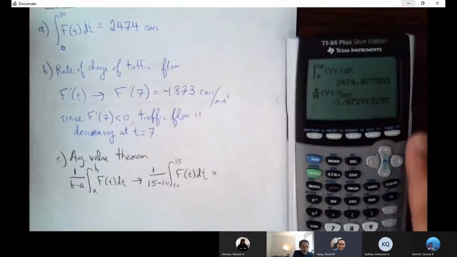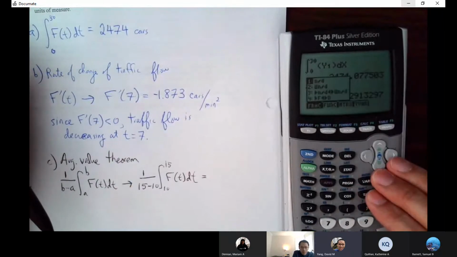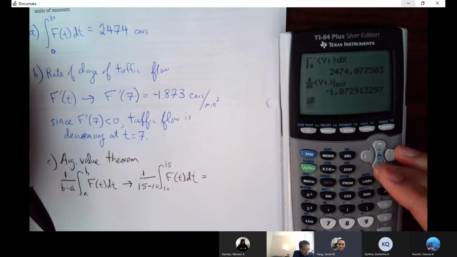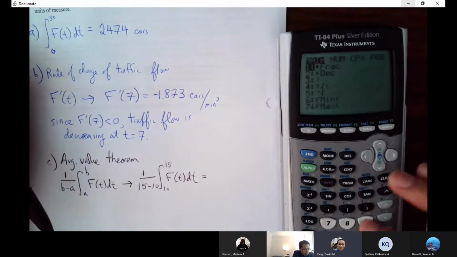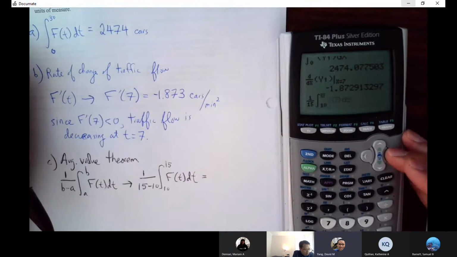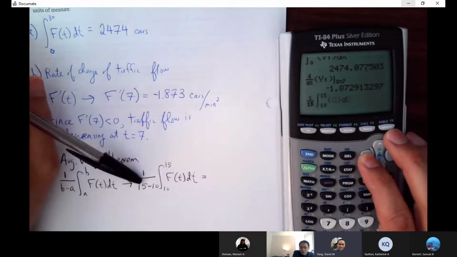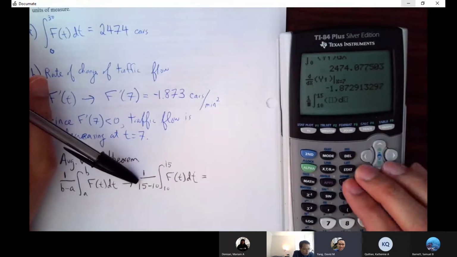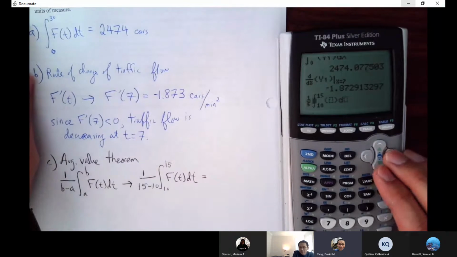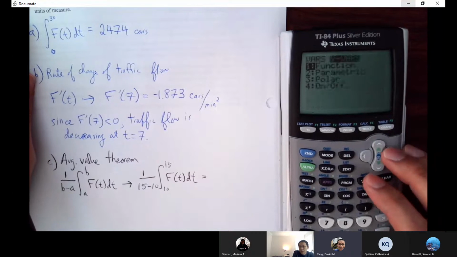Enter in our calculator again. Oops, sorry, this should be just 15 minus 10, so this should just be 5 here. My traffic flow function is located under y1, so vars, y vars.